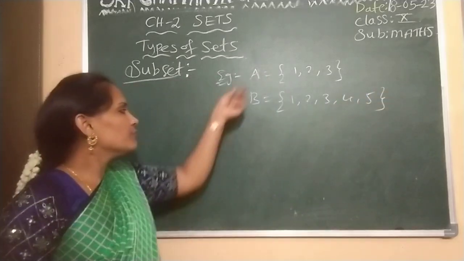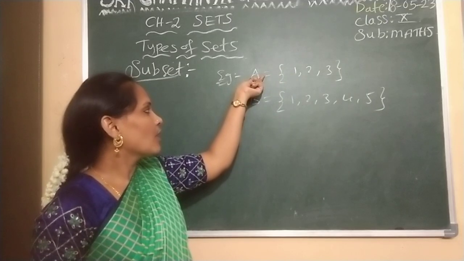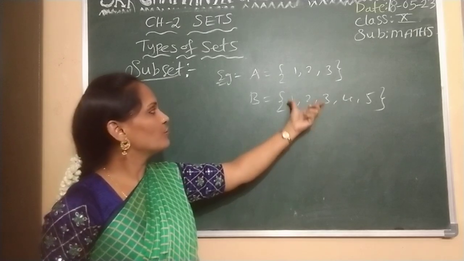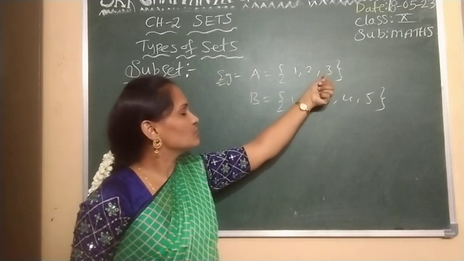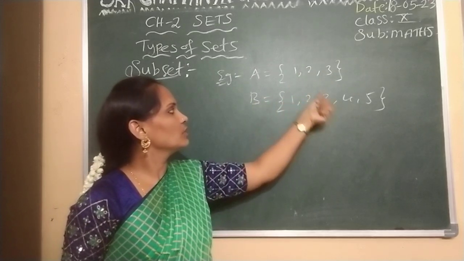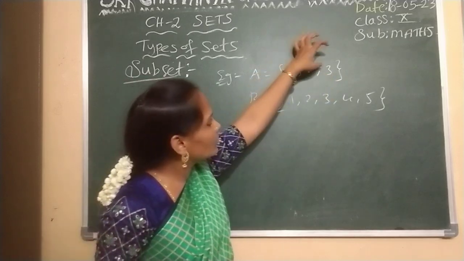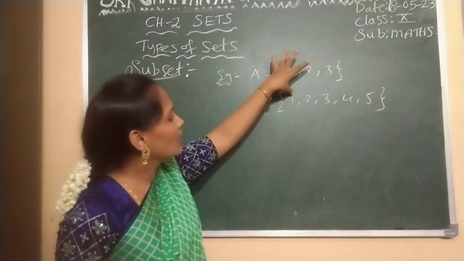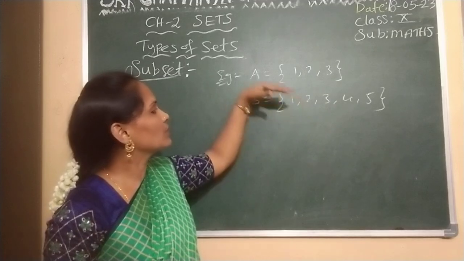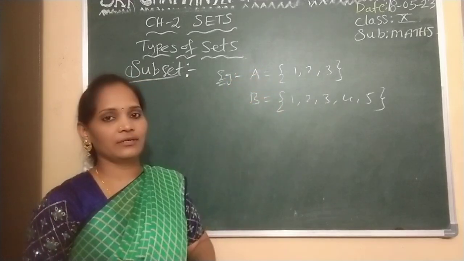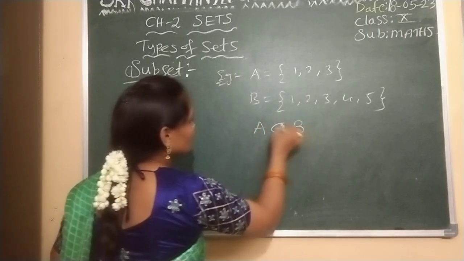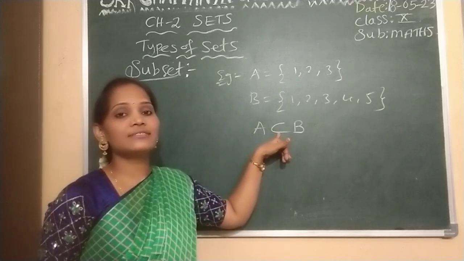See here, every element in A is also an element in B. Yes or no? 1, 2, 3 are in both. So in this case we can call A a subset of B. We can represent it as A ⊆ B; the symbol is called subset.